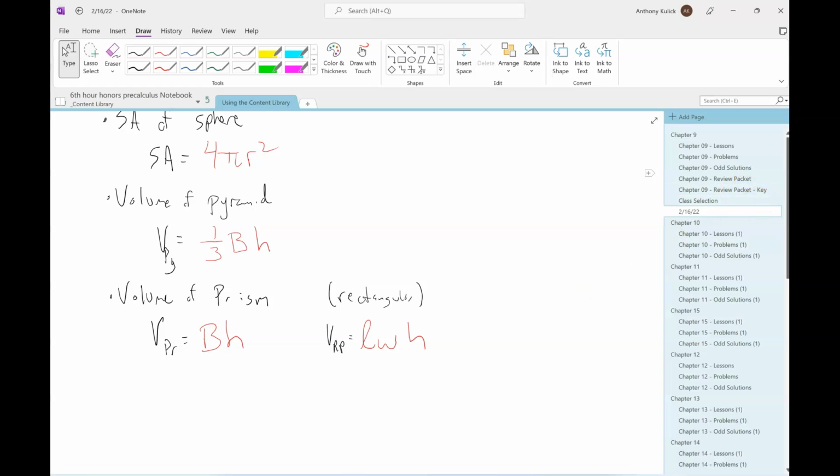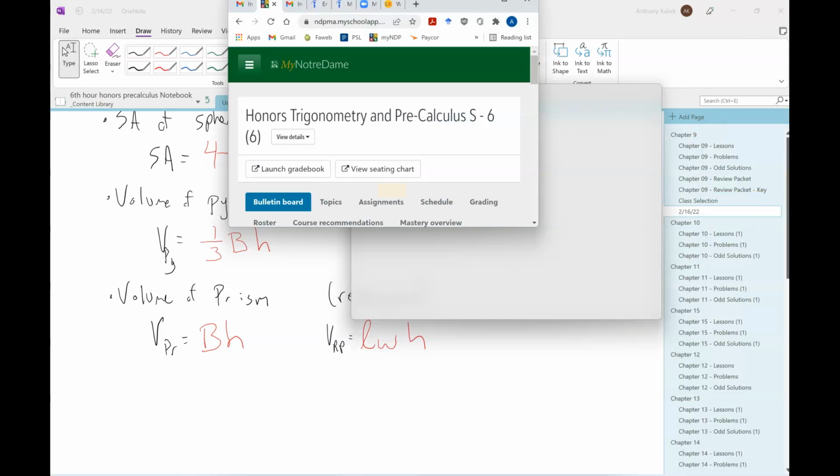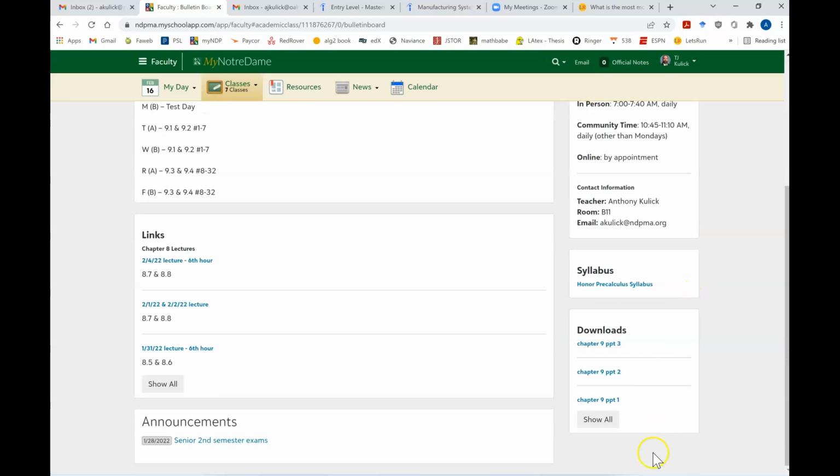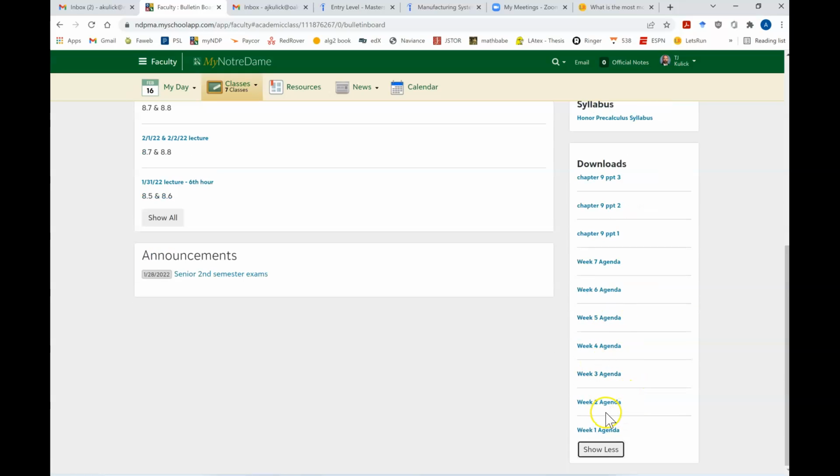Yuckers. All right. The remaining sections of this chapter I'm going to do via PowerPoint because it involves a lot of drawing, and you've seen Mr. Gulick's drawing skills and they are less than optimal. The 3 PowerPoints that I've made for this chapter are on our My Notre Dame page in the download section, along with all the archived agendas.